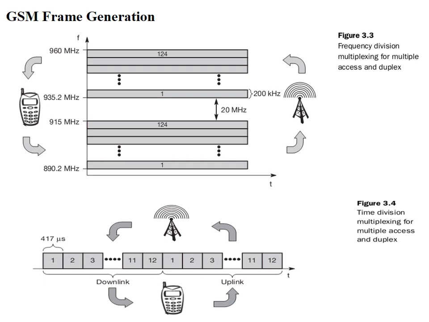So this illustrates the use of FDMA for multiple access, and the total band, whether uplink or downlink, is divided into 124 channels per direction available at 900 MHz. The duplex according to the predetermined scheme takes place.